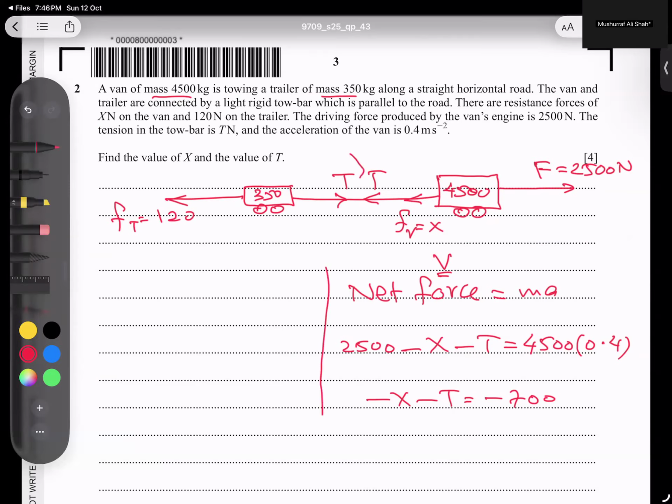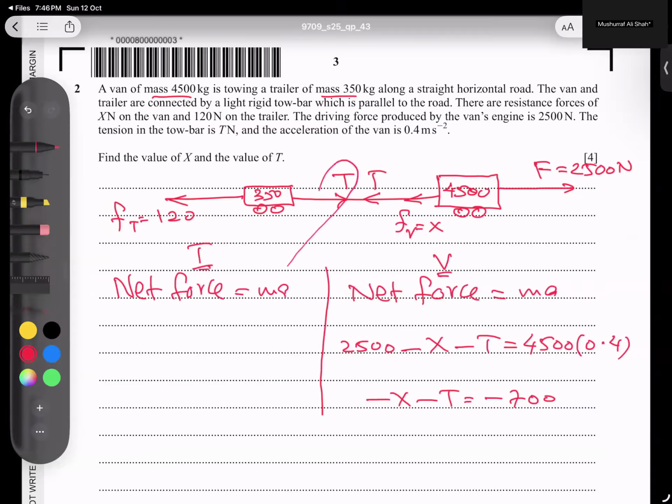So let's make the same formula for the trailer. But here we will use this concept: don't take tension and don't take friction from the van. Net force is equal to MA, the same formula, but on the trailer. So try to do it now.